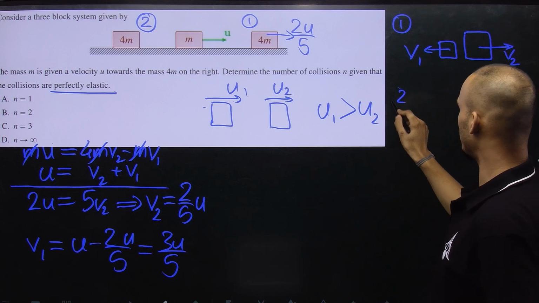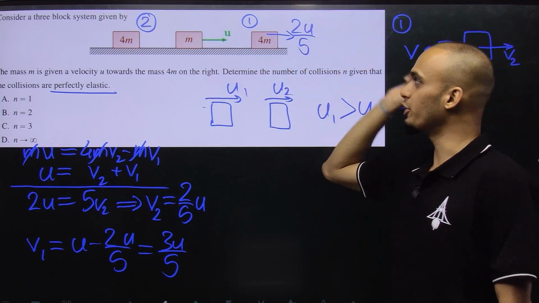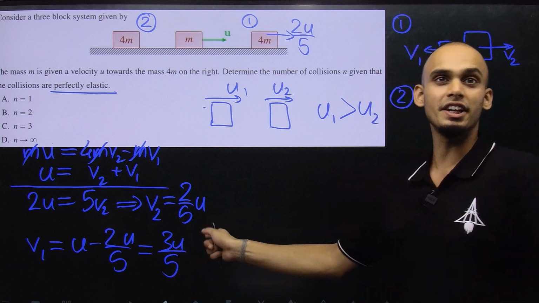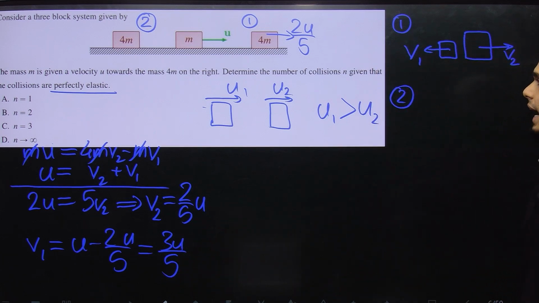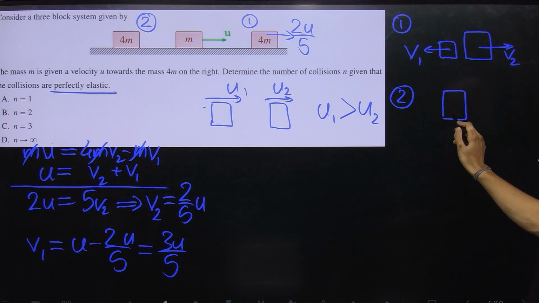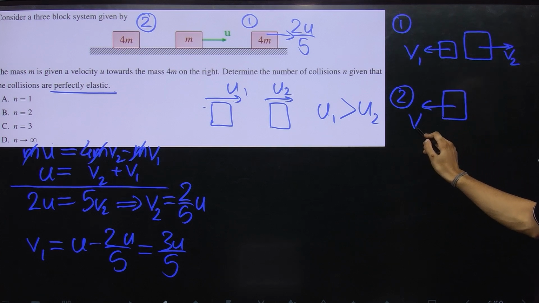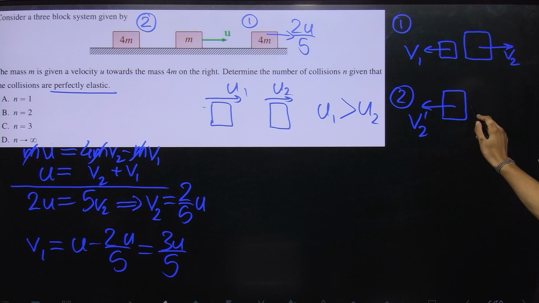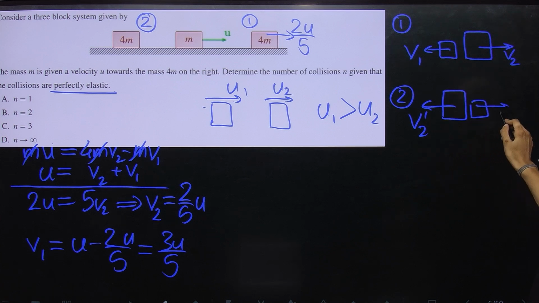In the second collision, initially mass m is moving towards the left with speed 3u by 5, which we now know, and 4m is at rest. Let's say after the collision, the block of mass 4m starts moving towards the left with speed v2 dash, and the mass m starts moving towards the right with speed v1 dash.